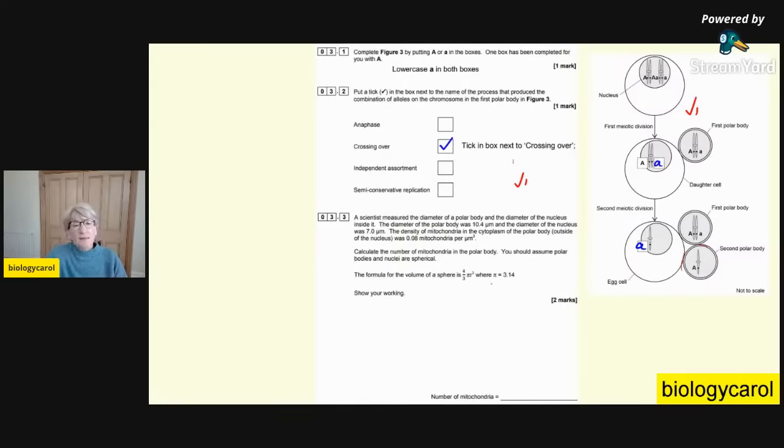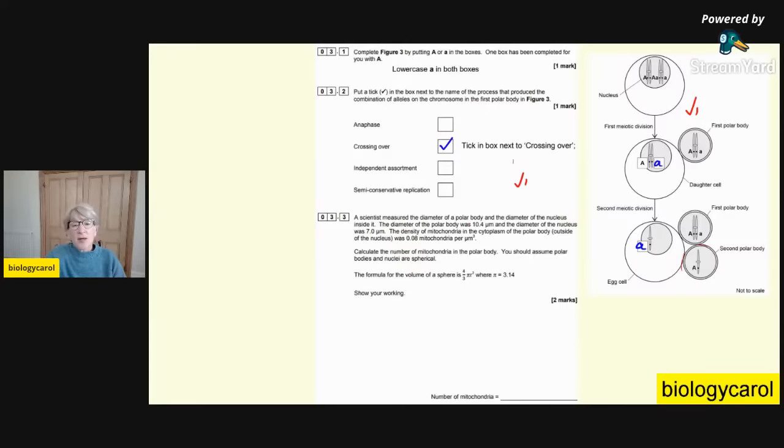And now here, let me just check. Right, now they're talking about the polar bodies, and you're told that the diameter of the nucleus in the polar body, which they've indicated here diagrammatically, is really quite big in comparison to the diameter of the whole cell.